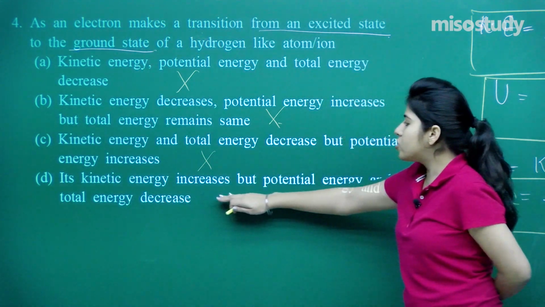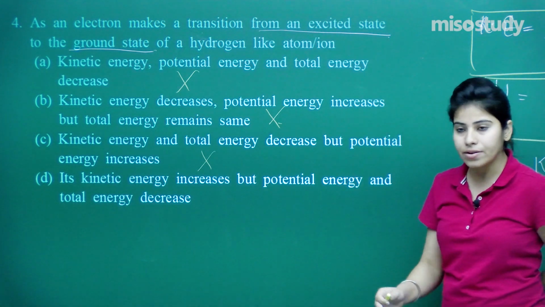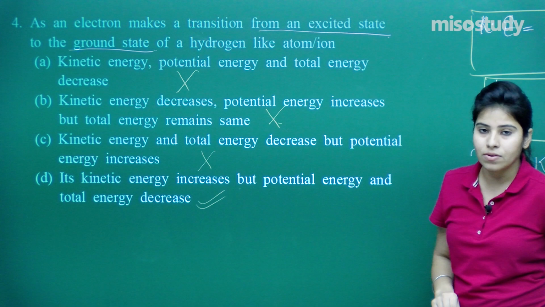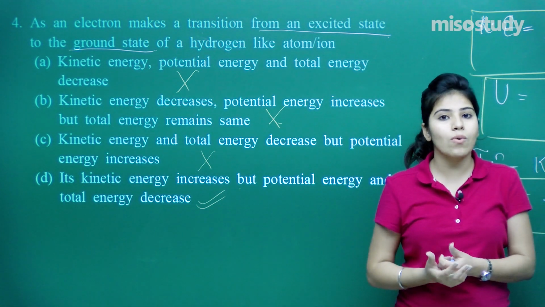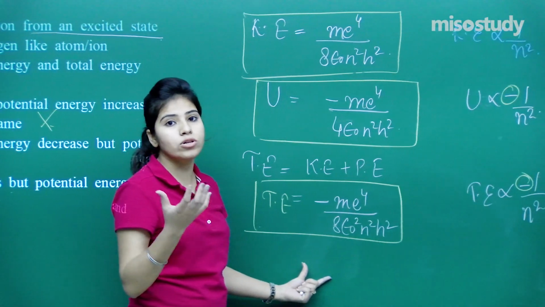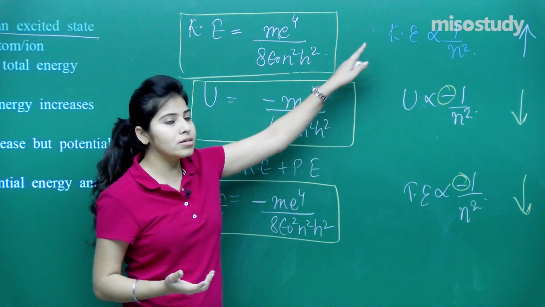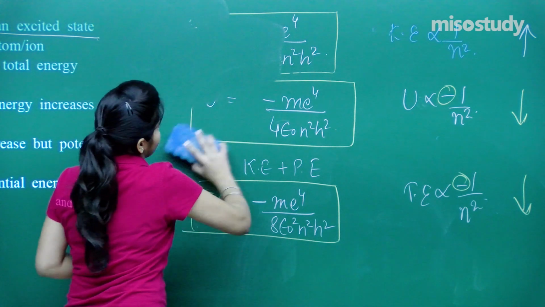Kinetic energy increases, but potential energy and total energy decrease. So this option is the correct answer for this question, right? What was important in the question is these formulas. If you forget these formulas, you would not be able to recall the relation between n and the energy, right? So the important thing was the formulas.